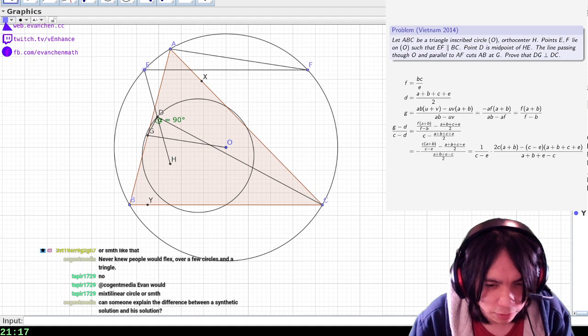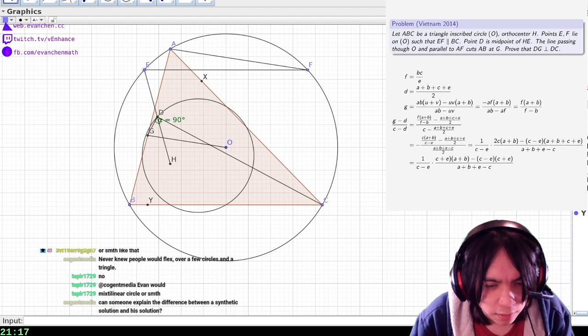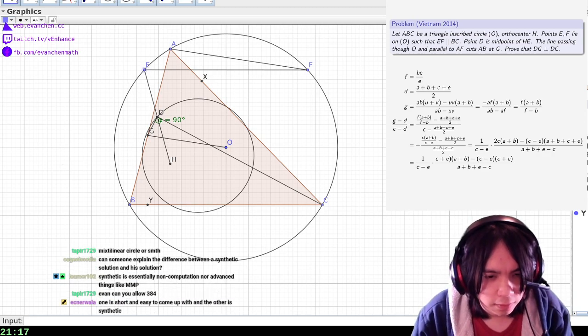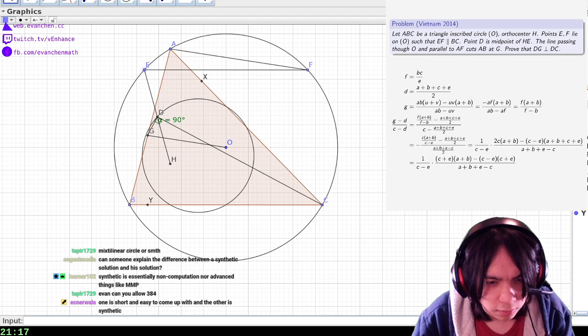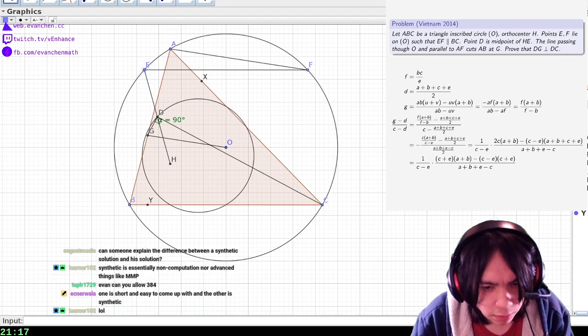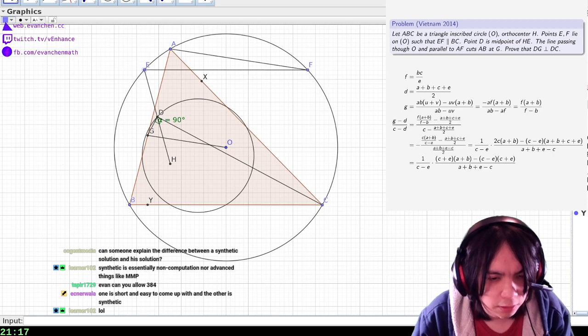Oh wow, it really does factor. So that denominator cancels out, and all that's left is C plus C over C minus C.